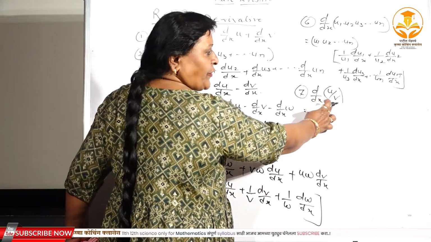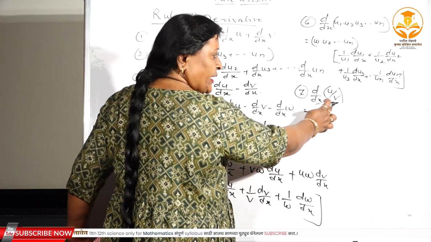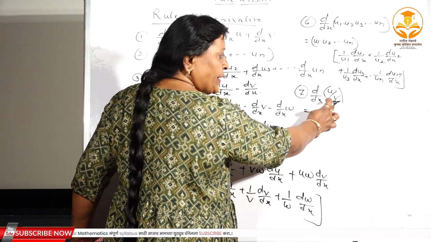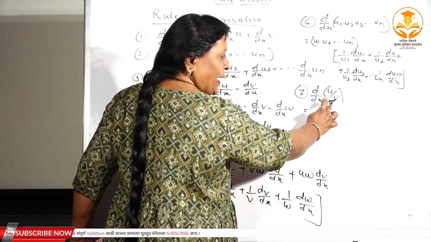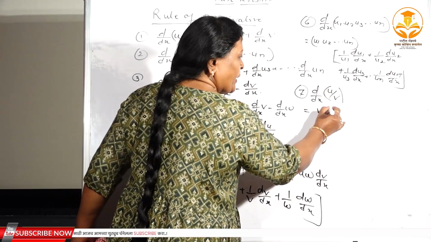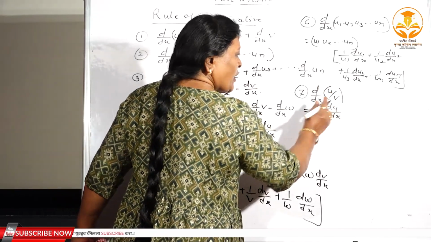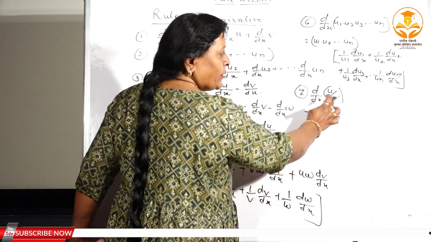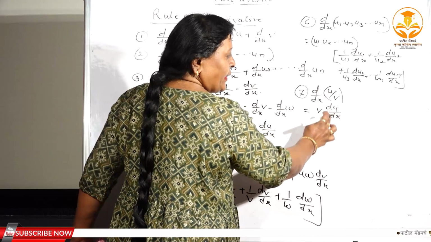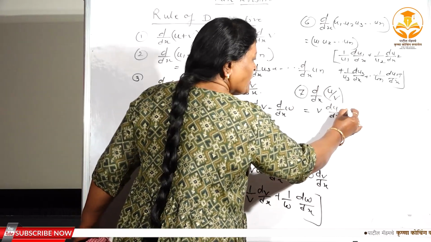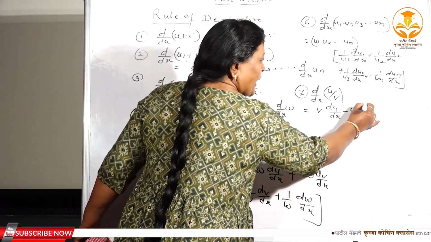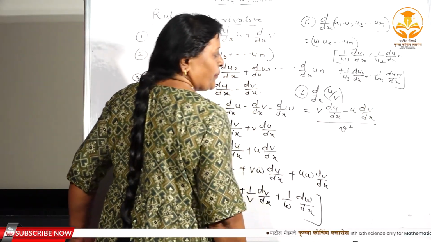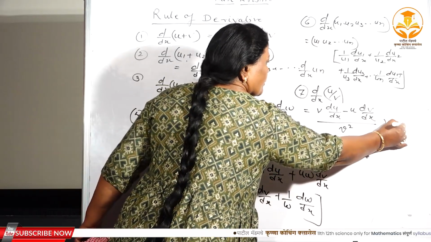If there is a quotient of two functions, that is the division of two functions, how will you find out the derivative? First you have to keep the denominator remain as it is, v remain as it is, take the derivative of the numerator, that is du divided by dx. Strictly here you have to put the denominator remain as it is, right? The denominator remain as it is, take the derivative of the numerator minus numerator remain as it is, take the derivative of the denominator and divided by denominator square, where v should not be equal to 0, right?